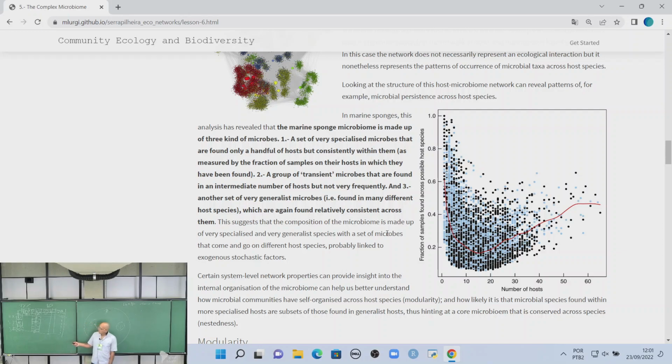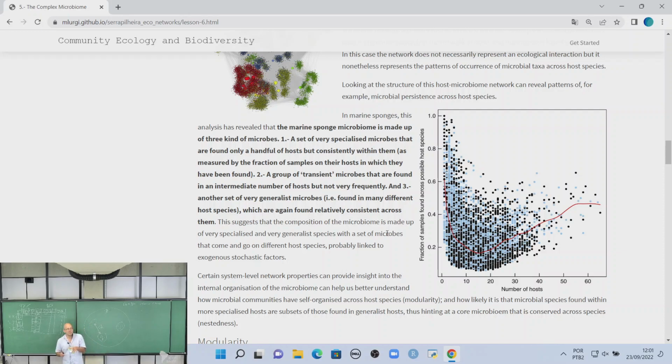And then we again have a bunch of, well, not a bunch, like a minority, but still a nice set of very generalized microbes, which are found in many hosts. And these again are found at high fractions in these hosts. So it looks like bacterial communities within marine sponges are organized in a way in which you have a core set of microbes that are always found, whether they are specialists or generalists.